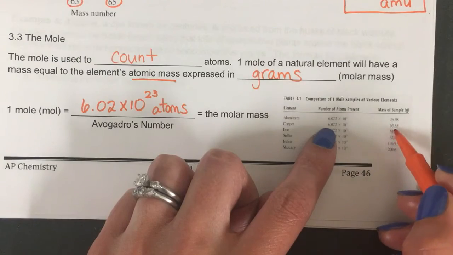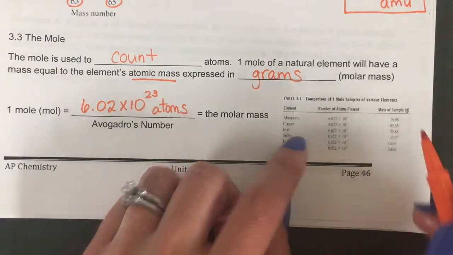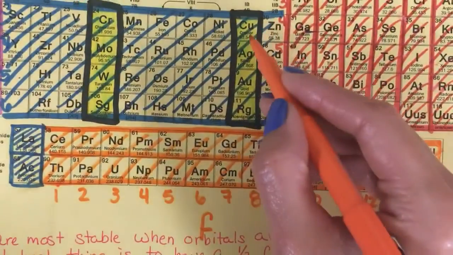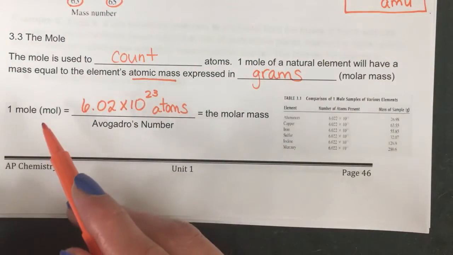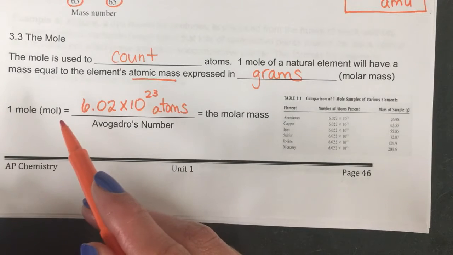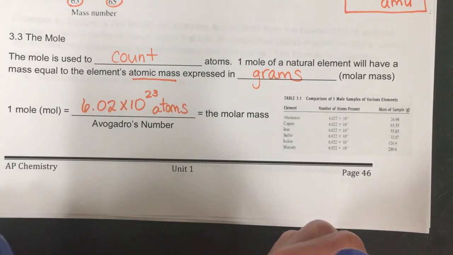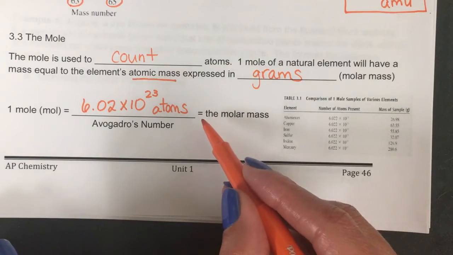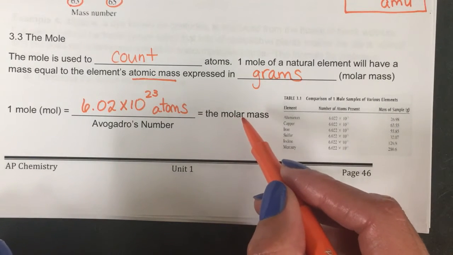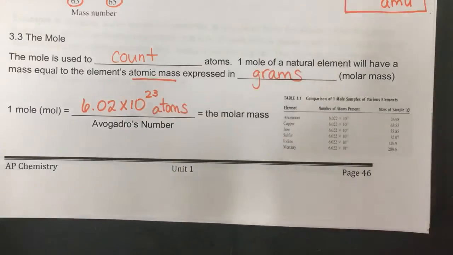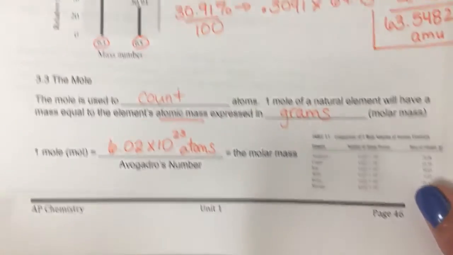This time it's going to weigh 63.55 grams because copper is 63.55. Okay? So 1 mole of any element is equal to Avogadro's number, 6.02 times 10 to the 23rd atoms, which is equal to the mass on the periodic table measured in grams, which is also called the molar mass.